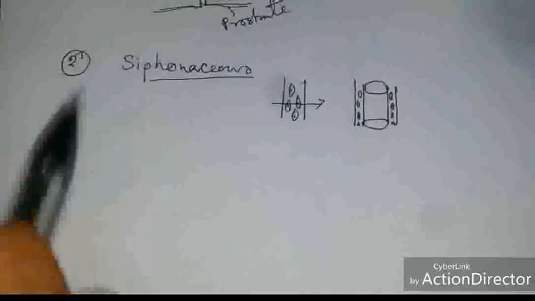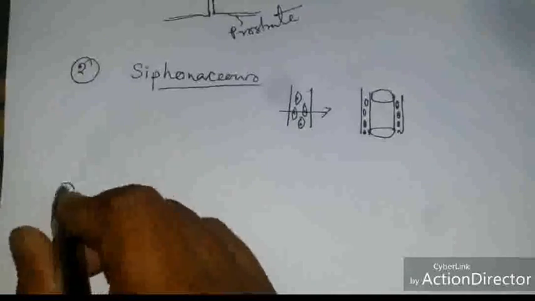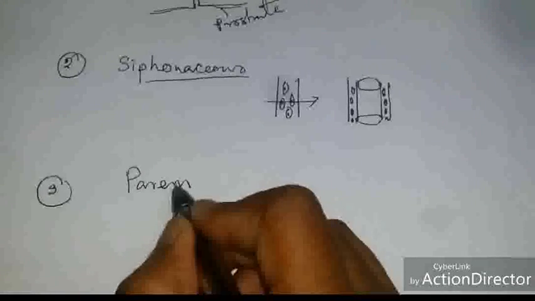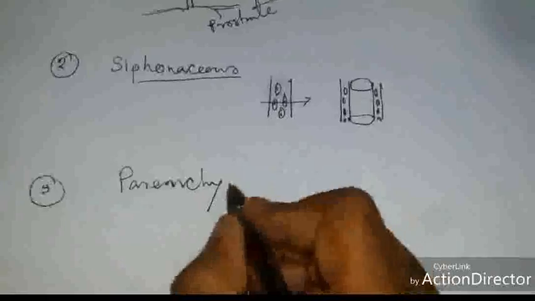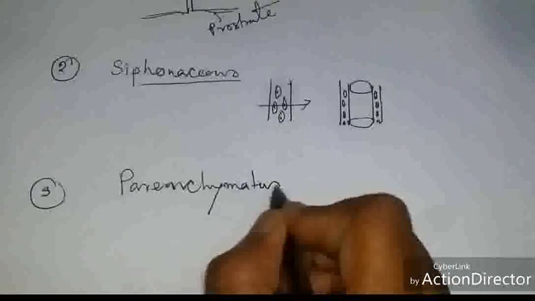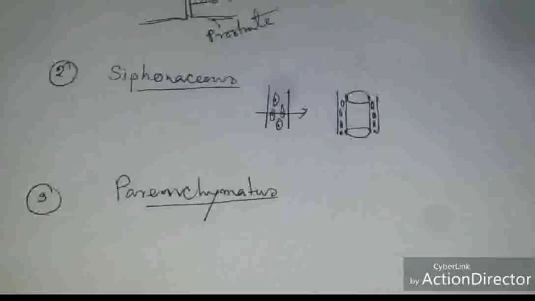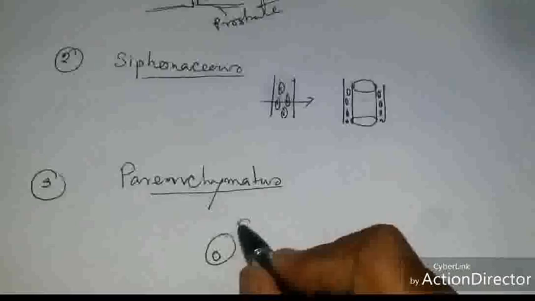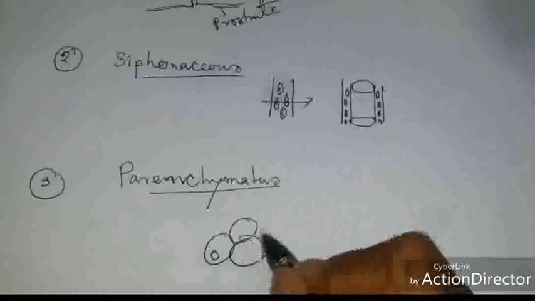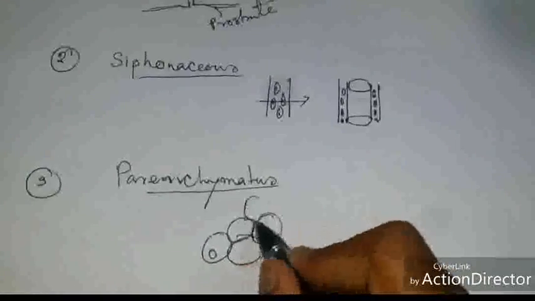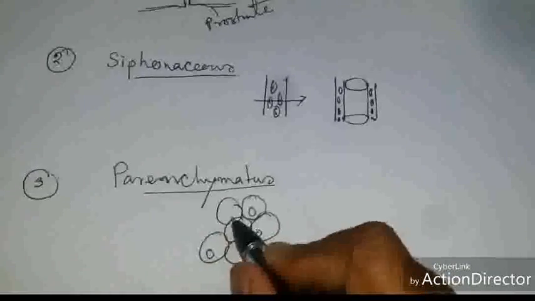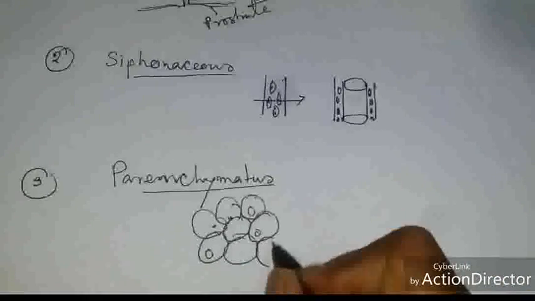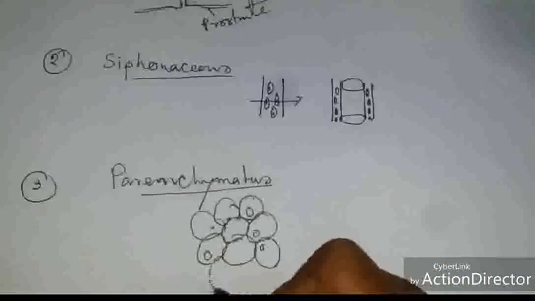Now number 3 is parenchymatous. Here the thallus is made up of parenchymatous cells, and its division occurs all over and makes a foliage like thallus.